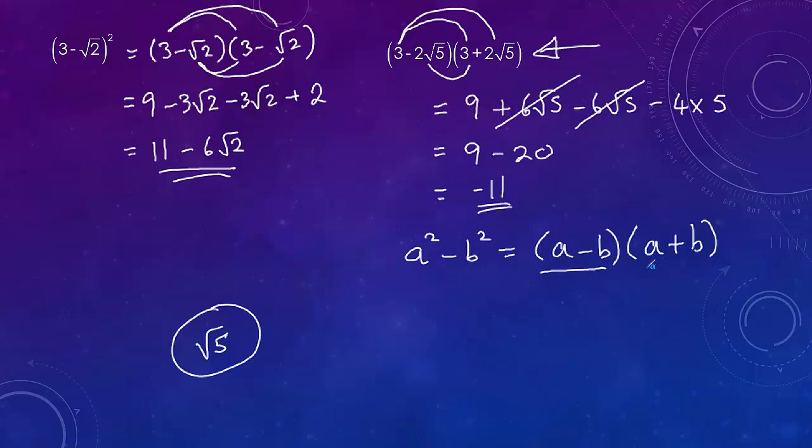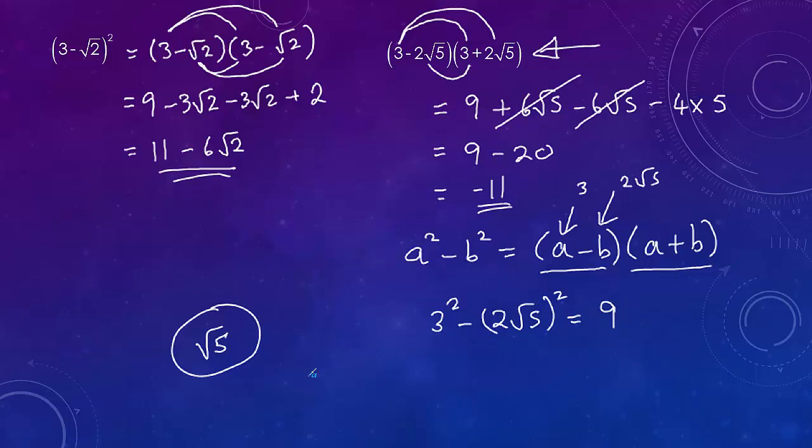We had an a minus b, a plus b, and in our case the a was 3 and the b was 2 root 5. So we could have straight away said that this was 3 squared, take away 2 root 5 squared, which is 9.